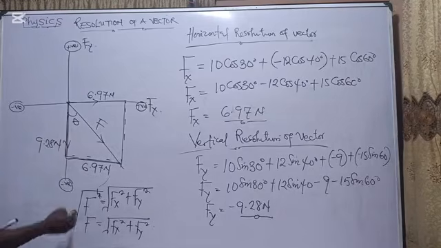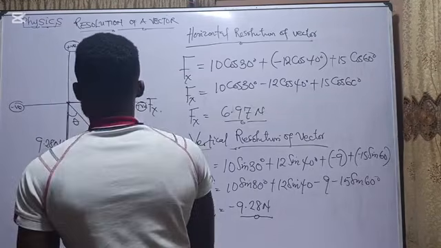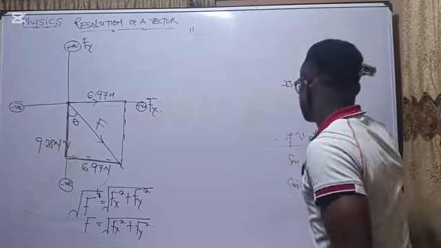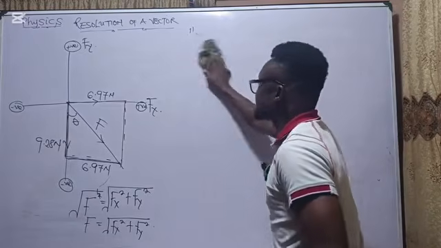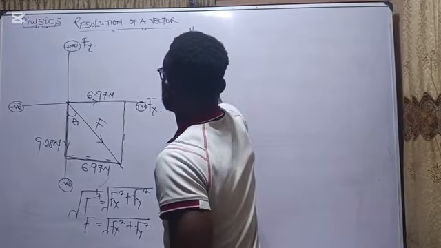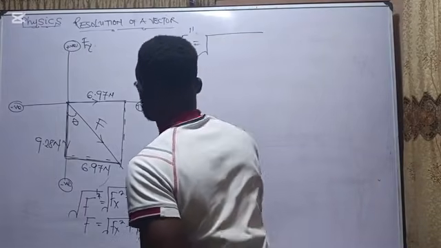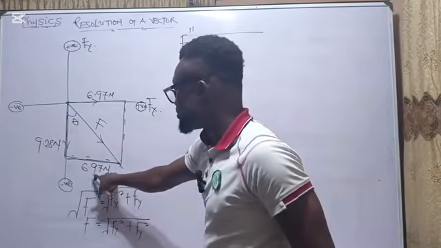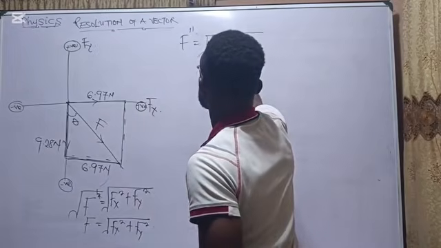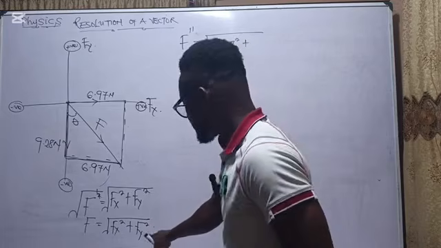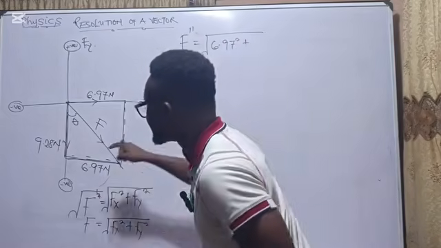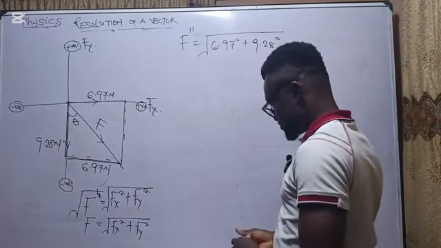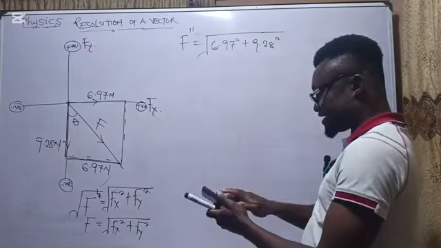So let's substitute the values. Of course, we've got all the components of the vector. So to simplify, as we get the final answer, we have the resultant force, which will now be square root of the horizontal component. The horizontal now is 6.97 squared. Then the vertical component, we have it as 9.28 squared. Then we employ our calculator now.